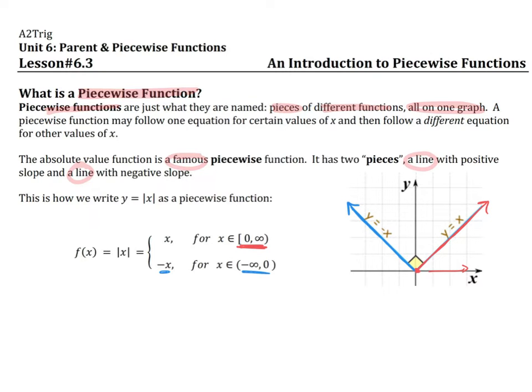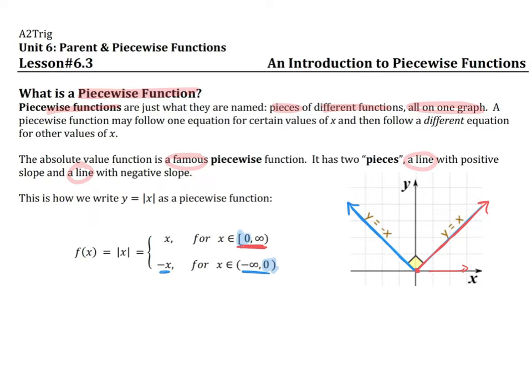Now, what you might be noticing is that the 0 cannot be contained in each of those pieces. The 0 needs to be in one or the other section of that domain restriction, and you can decide which one you want to put it in.